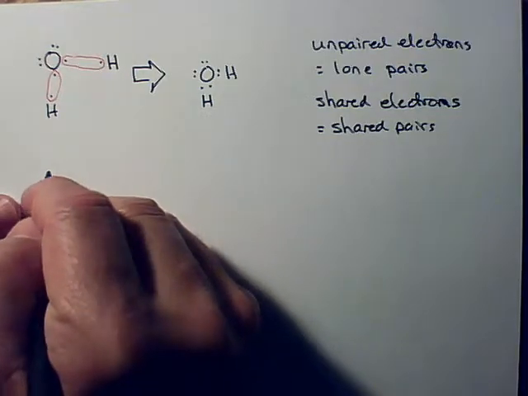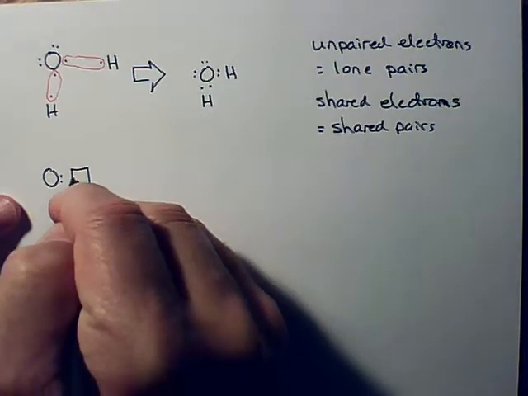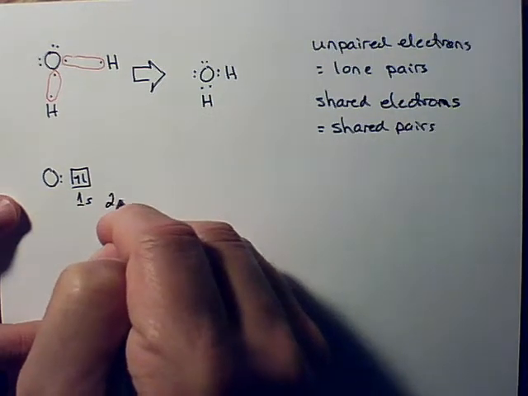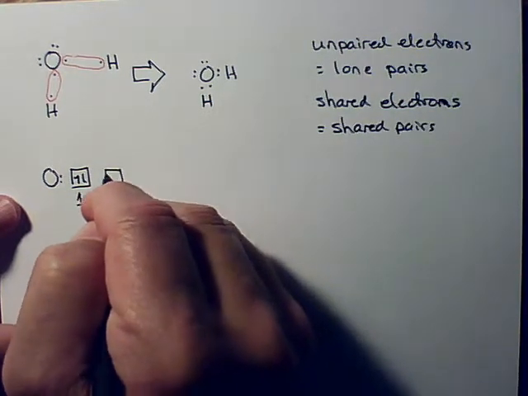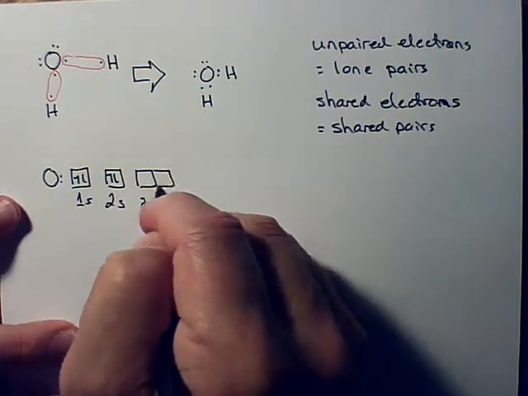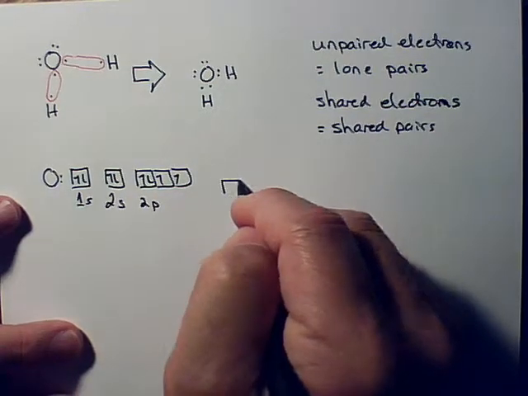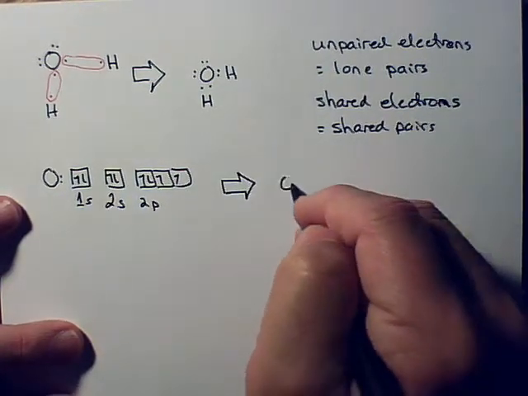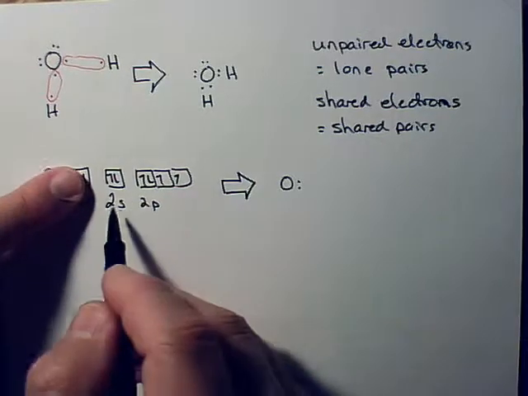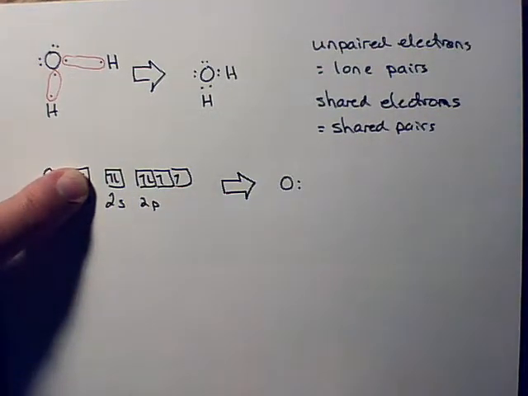Alright, so the oxygen itself has an orbital rotation like this. Before it does any bonding, it has this orbital rotation. And we're going to change that to hybridize the valence level orbitals. This only happens with sharing of electrons, by the way.